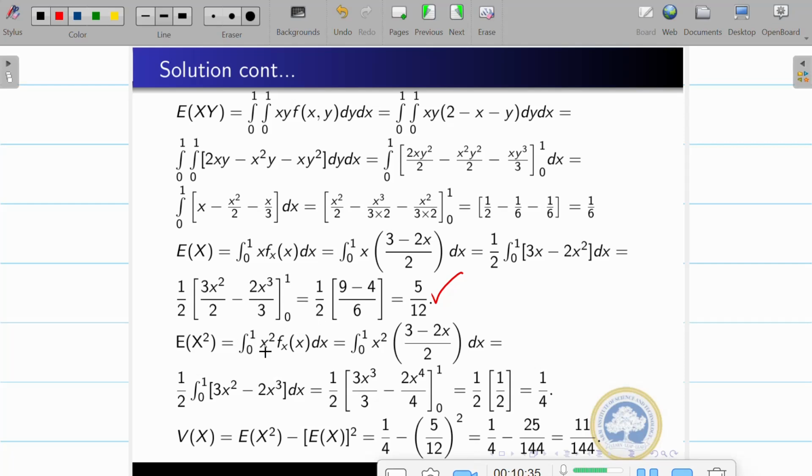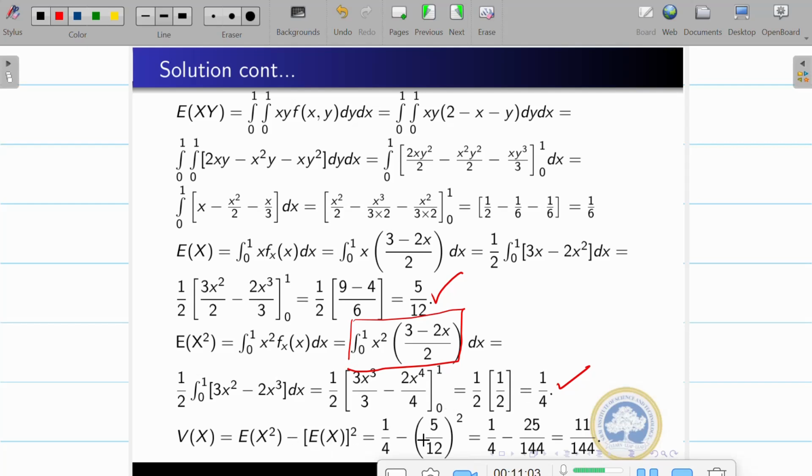Expectation of x square is the integral from 0 to 1 of x square times the marginal distribution function of x, which is 3 minus 2x, dx. So perform the integration and apply the limit, and you'll get the final value. Similarly, I have to find the variance. Variance of x is equal to expectation of x square minus expectation of x the whole square.